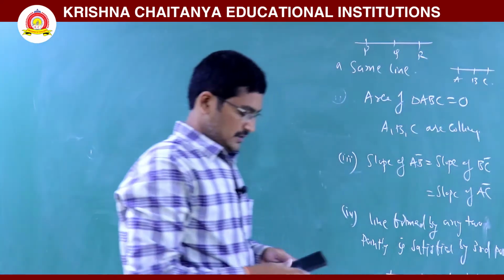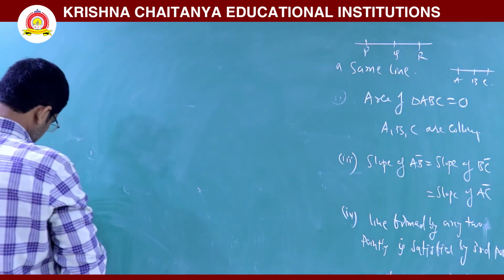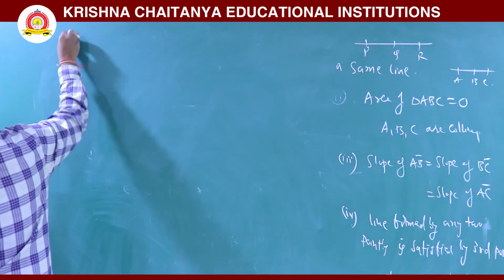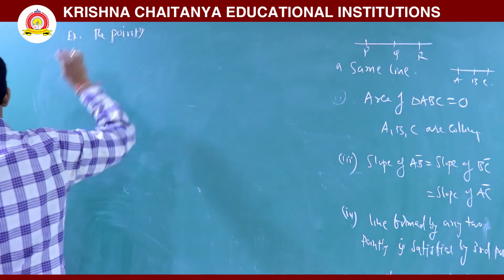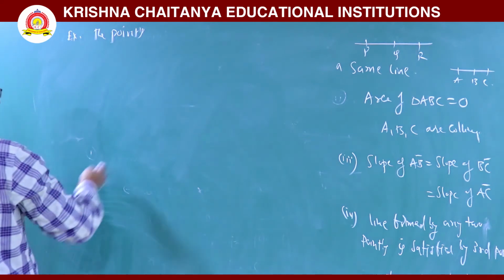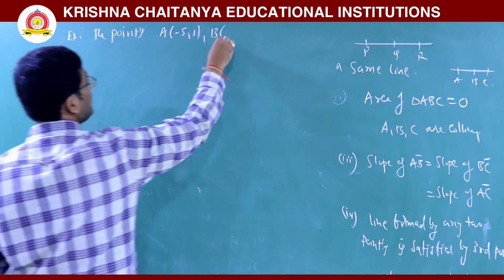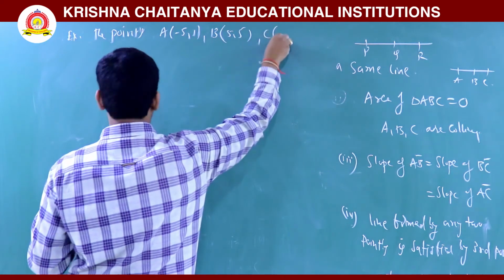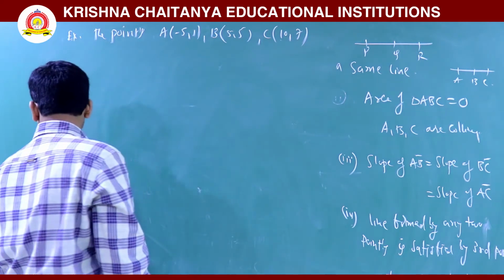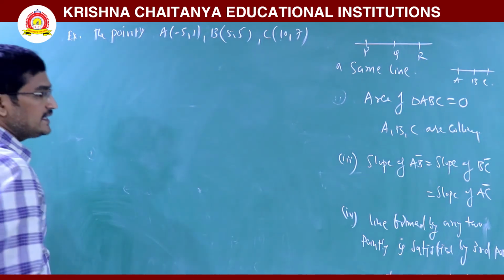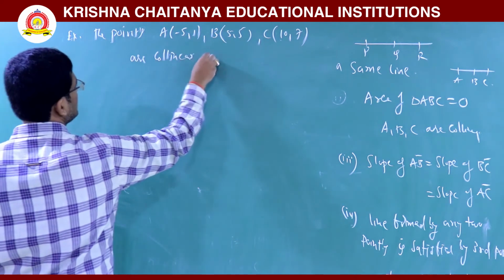So suppose the question is like this: the points A (-5, 1), B (5, 5), C (10, 7). Are (-5, 1), (5, 5), (10, 7) collinear or not?